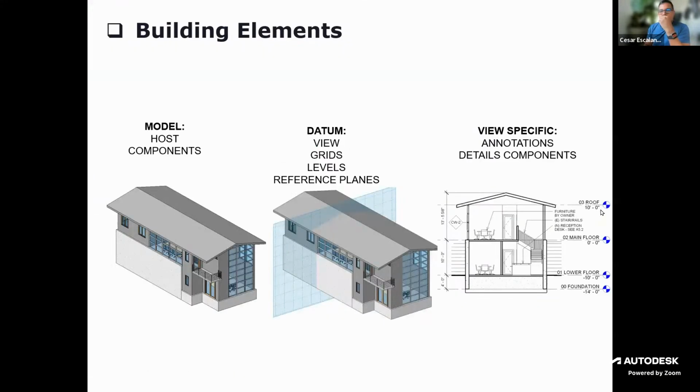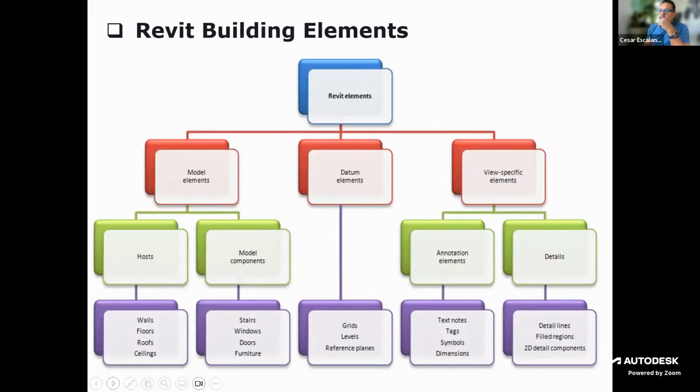And so here's another graphic that explains it at a more granular level. In Revit, we have model elements, hosts, and components. Hosts are walls, floors, roofs, ceilings, topo surfaces, and topo solids. Model components are loadable from a library: windows, doors, furniture, trees, benches, etc. Datum elements are grids, levels, and reference planes.